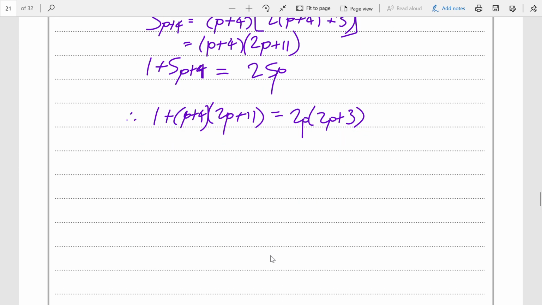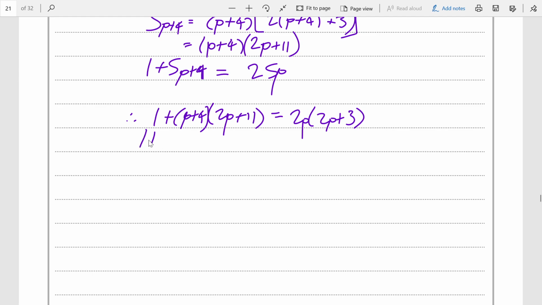We're going to expand both sides here, so 1 plus, well, first is 2p squared, and then plus 4 times 2p is plus 8p, plus 11 times p is plus 11p, and then plus 4 times plus 11 is plus 44. It's going to be equal to 2p times 2p is 4p squared, and then 2p times positive 3 is plus 6p.